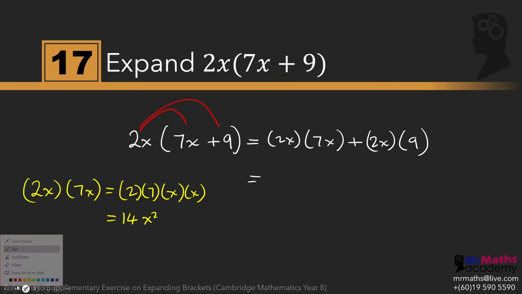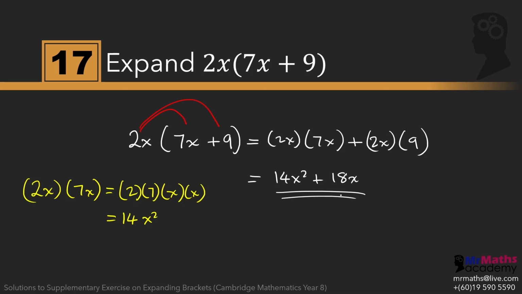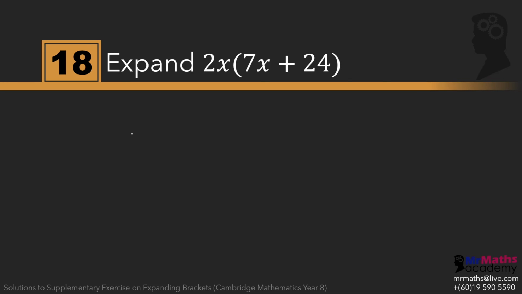Okay, so that is part of the answer. 2x times 7x, that is 14x squared. Plus, okay, 2x times 9, so that is 18x. And this is the answer. So now we have 2x again, with x term outside the bracket, multiplied by 7x plus 24.